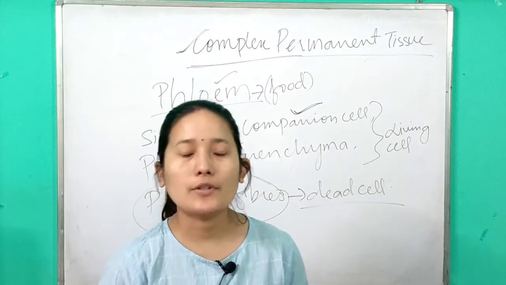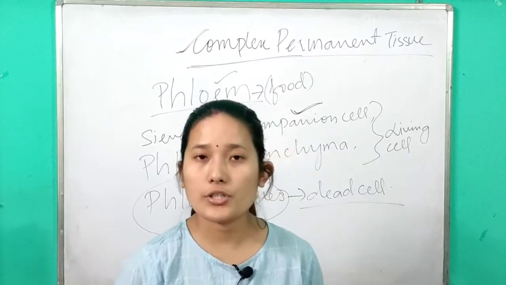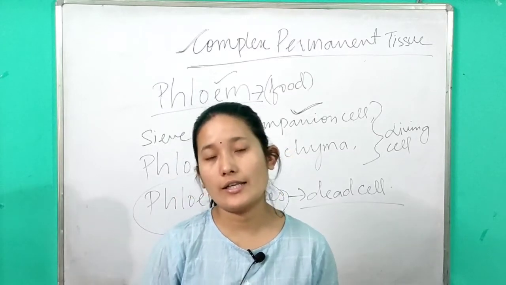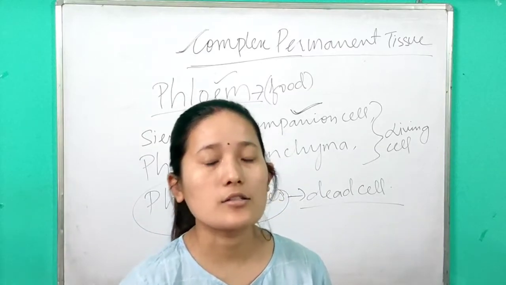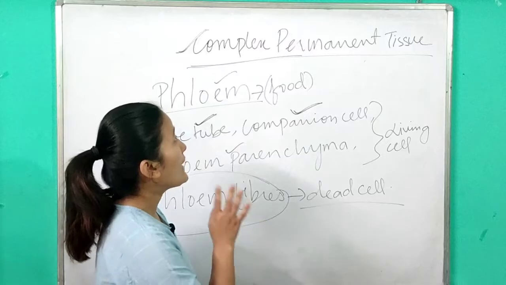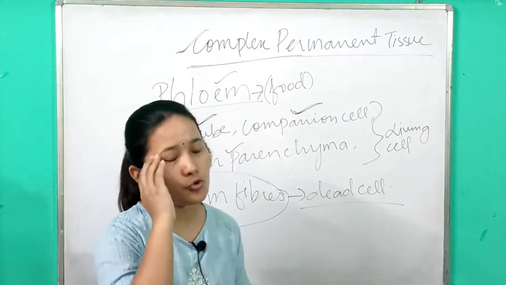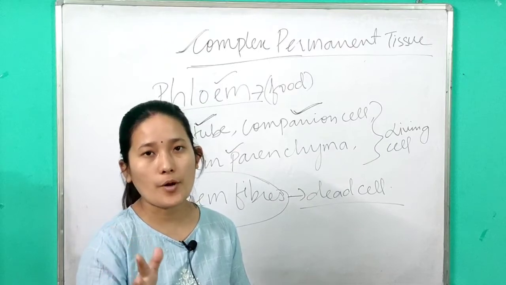More in detail about the complex permanent tissue you will be studying in class 8. The first chapter itself is in regard to complex permanent tissue, that is transportation in plants. But in class 7 you just have to have an idea. When I say complex permanent tissue, you should be able to tell me the names of complex permanent tissue.